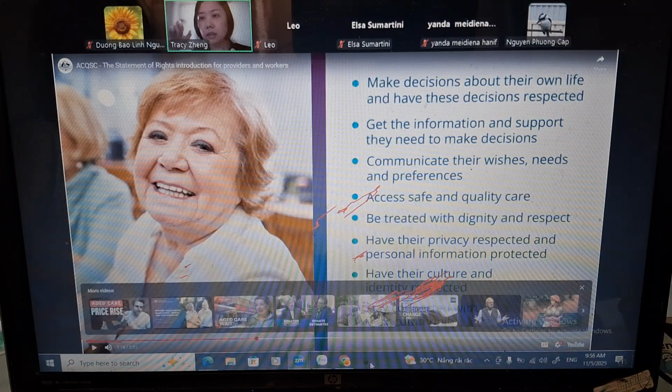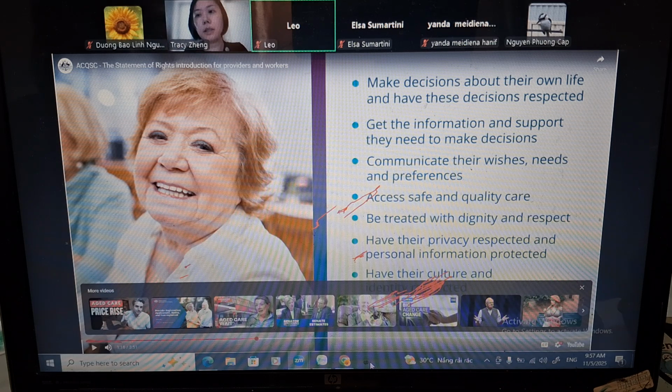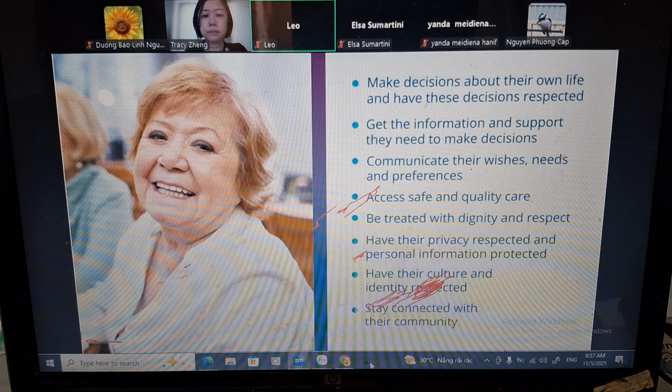Can you please take a photo or screenshot or write them down? That is all our Statement of Rights for all the elderly people receiving aged care services. Okay, take a photo or write it down.